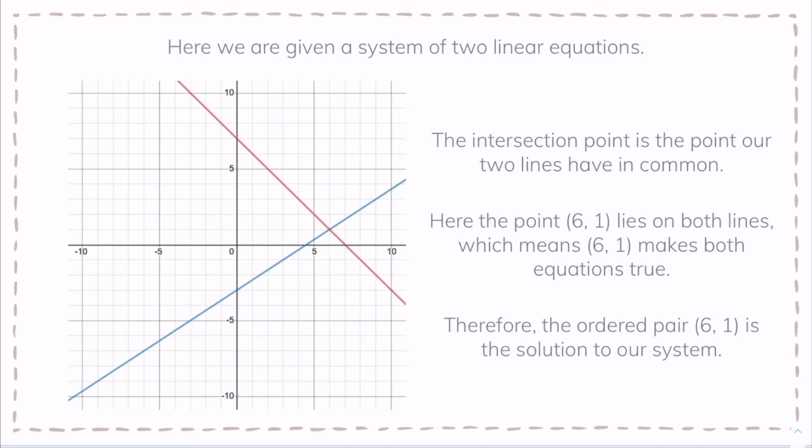And so here, the point (6, 1), that intersection point, that ordered pair lies on both of our lines, which means that point makes both of our equations true. Therefore, that ordered pair is the solution to our system.